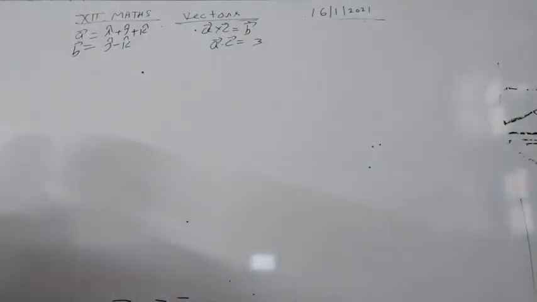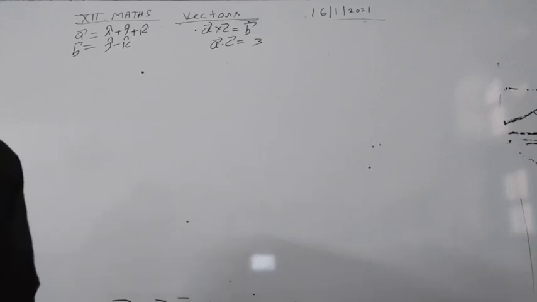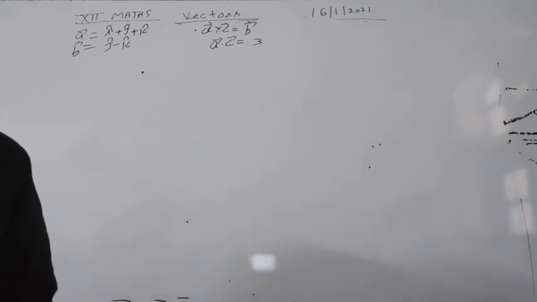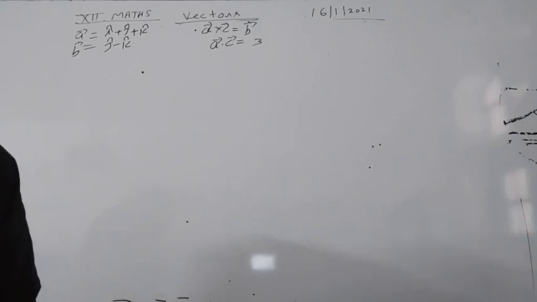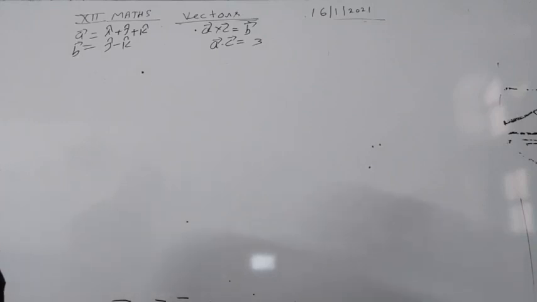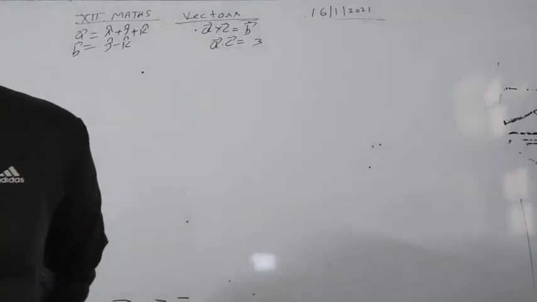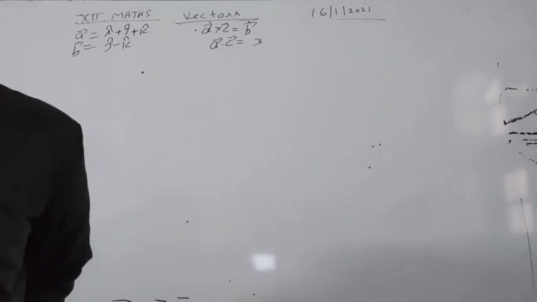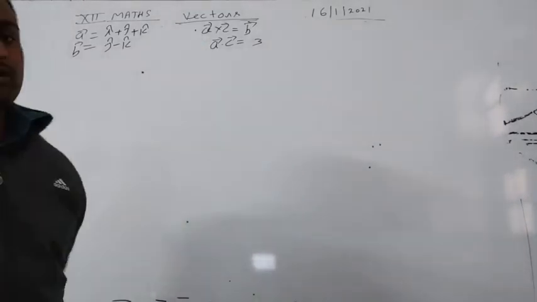Okay student, our vector A is I plus j plus k and vector B is j minus k. Then find a vector C such that A cross C is B and A dot C is equal to 3.